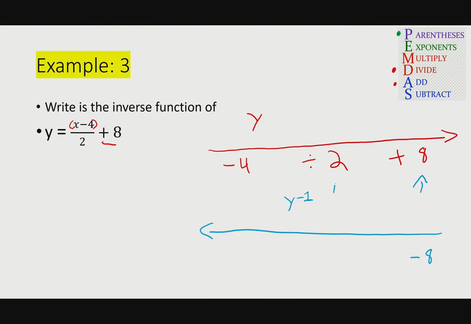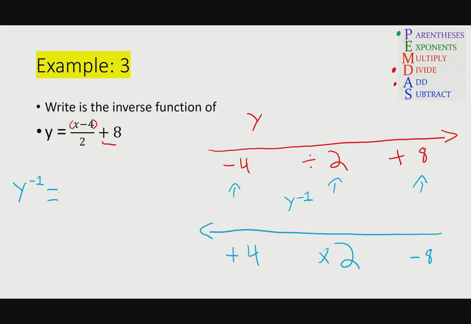Alright, secondly, we divided by 2. If we want to undo that, we need to multiply by 2. And lastly, our function subtracted 4, so we need to add 4 to undo the subtraction of 4.